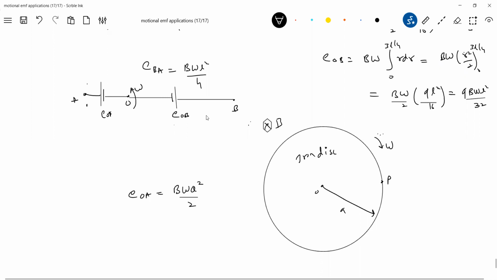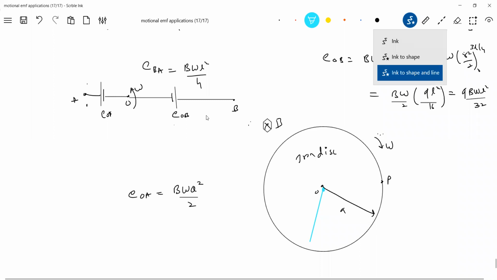So what is this iron disc? Shall I assume it is made up of rods? Then what is the EMF induced across one rod? That will be the same across all the rods. Treat this iron disc as made up of such rods.